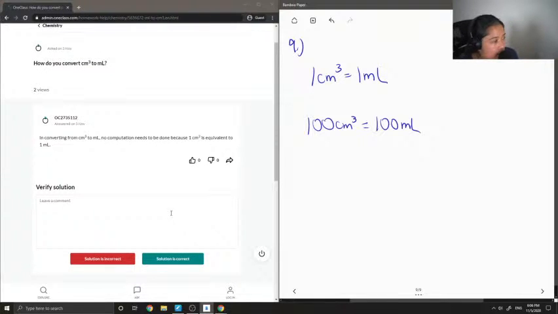So this is also helpful when you want to measure out like water.